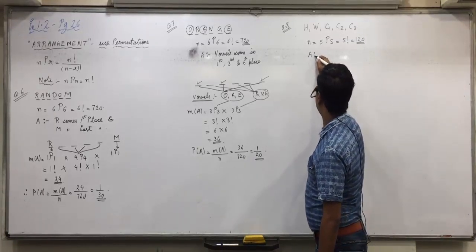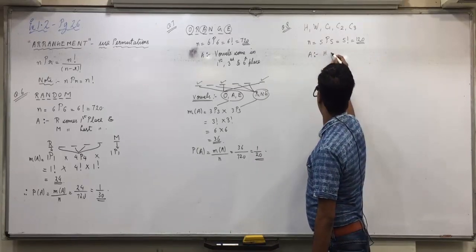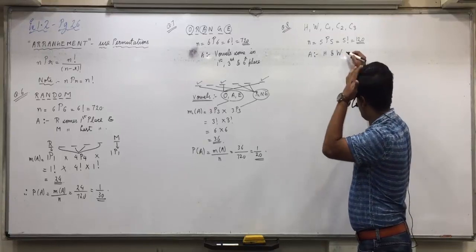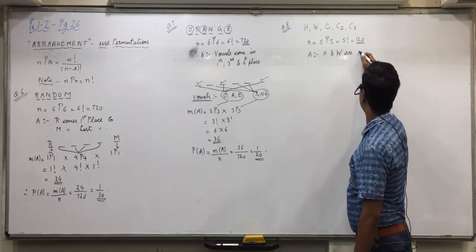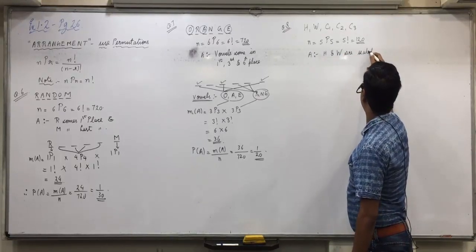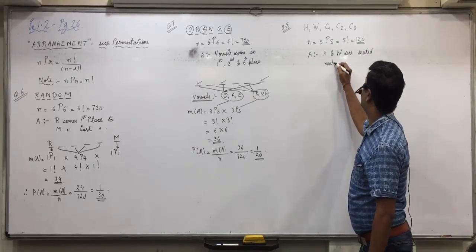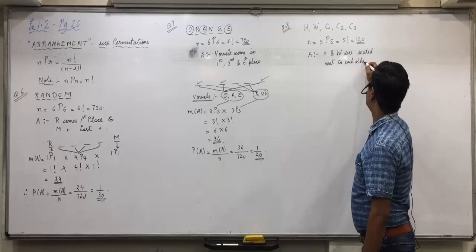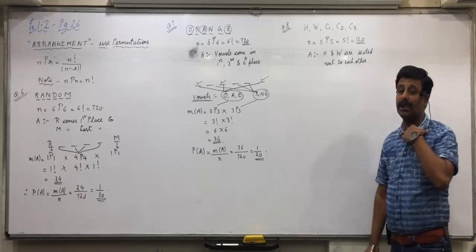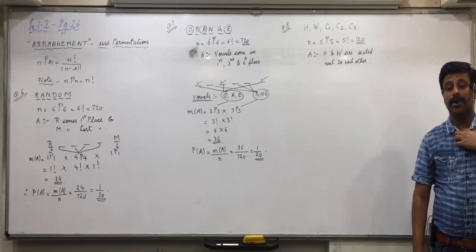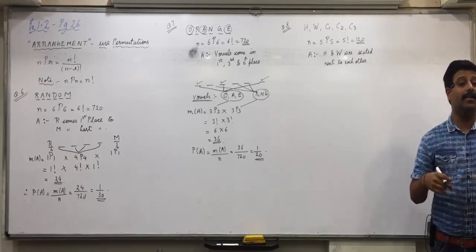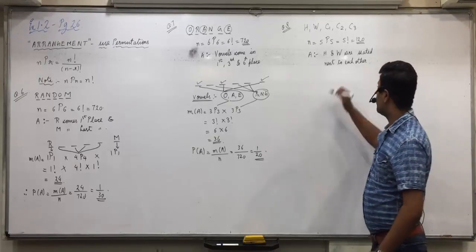Let event A be the event that husband and wife are seated next to each other. So this is same as we did last year, that 2 girls come together. If you want them to be together, then tie them with a string. Do you remember this?